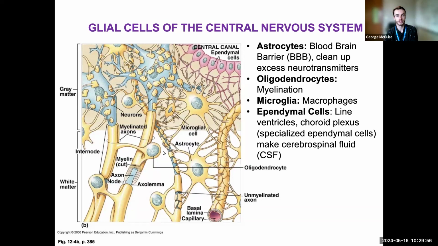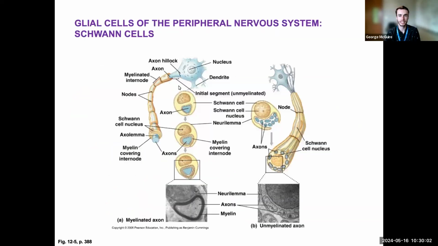So in the central nervous system, one oligodendrocyte can myelinate multiple axons. In the peripheral nervous system, each Schwann cell that is myelinating an axon is only myelinating one internode of one neuron. So every single segment you see here where we have myelination of this neuron, that is a separate Schwann cell.